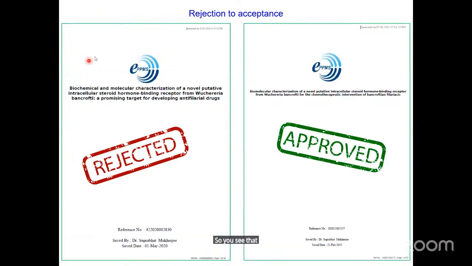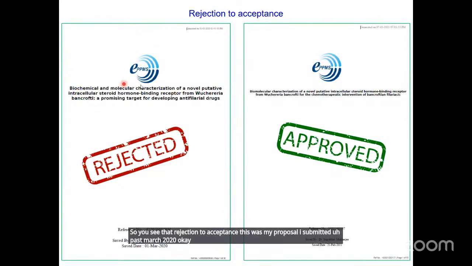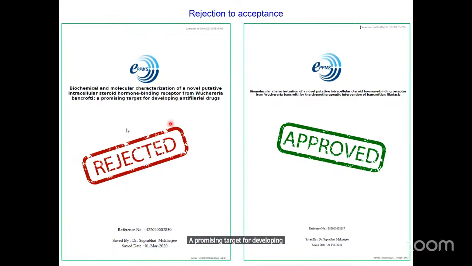Rejection to acceptance. This was my proposal. I submitted it on 1st March 2020. Okay. So this was on lymphatic filariasis. The biochemical and molecular characterization of a novel putative intracellular steroid hormone binding receptor for Wuchereria bancrofti, a promising target for developing antifilarial drugs. So this was rejected. Okay. So I worked on my mistakes.